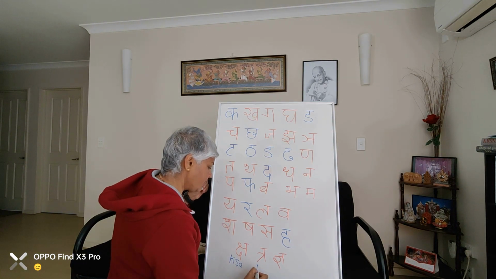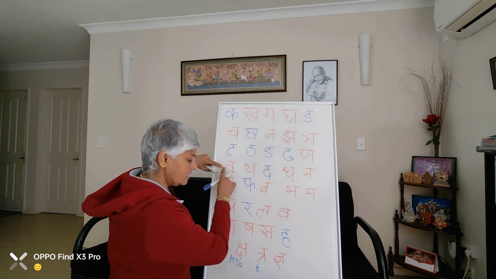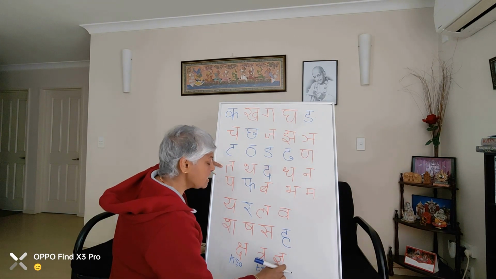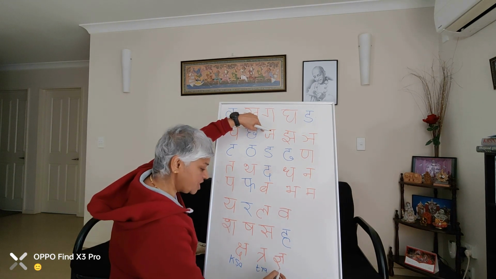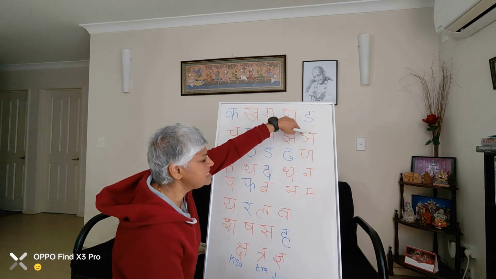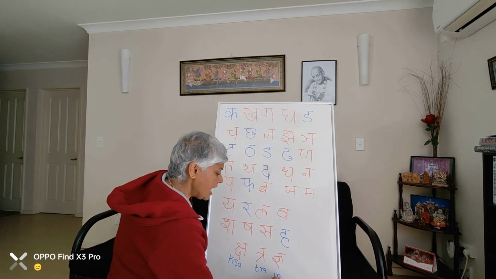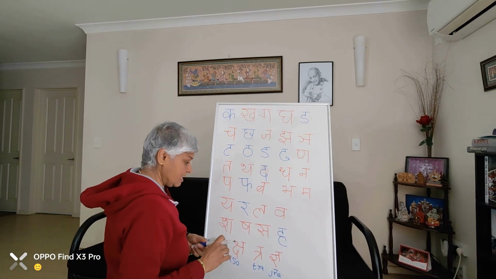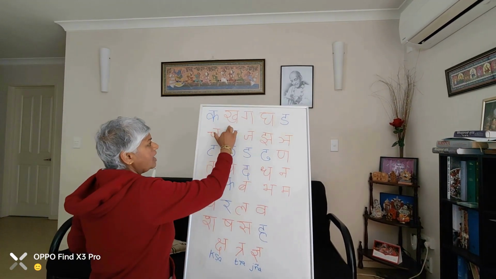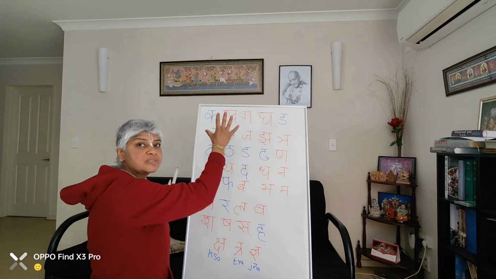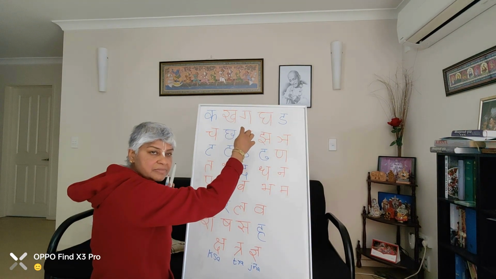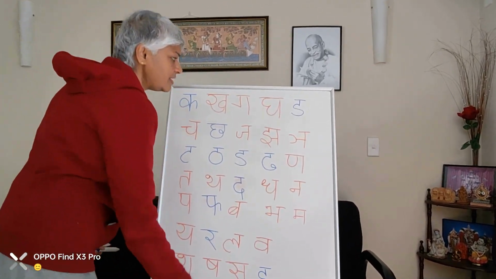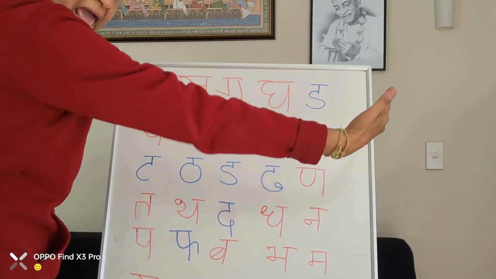Tra is made up of a half ta and a ra. And jnya is made up of a half ja and a nya. How they work, we'll look at these three also a little later. But for now, the ones that are in red, we're going to focus on these alphabets. These are the ones who have a line at the end.